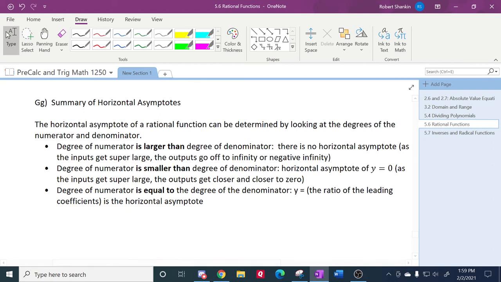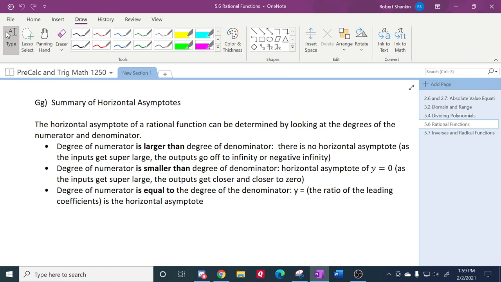If the degree of the numerator is larger than the degree of the denominator, there's no horizontal asymptote, which means as the inputs get super large, the outputs go off to infinity or negative infinity.